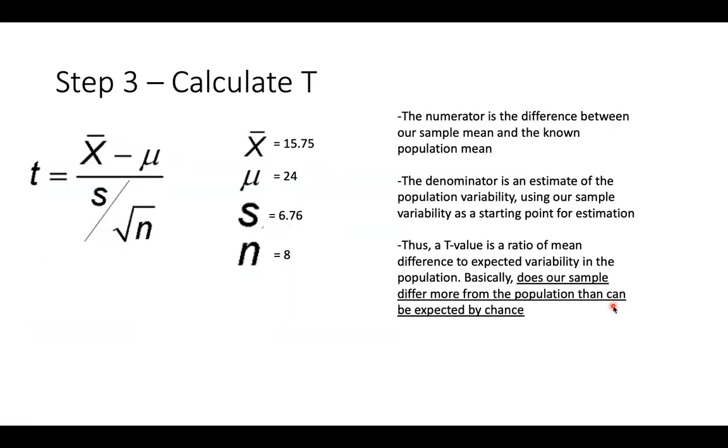And so now we're actually ready for the t-test. We have my sample mean of 8 psychology majors who scored 15.75. We were given the population mean for all students on the Beck Depression Inventory, which was 24. We just calculated s of 6.76, and we know that we had 8 data points, so we know n.